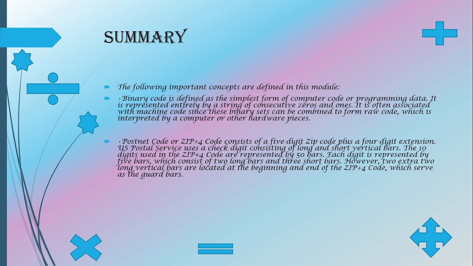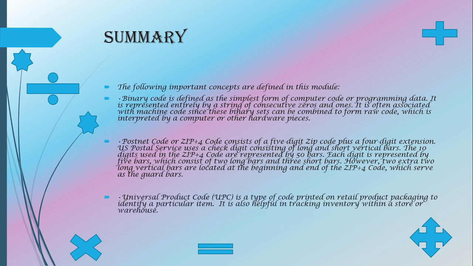Each digit is represented by 5 bars, which consist of 2 long bars and 3 short bars. However, 2 extra long vertical bars are located at the beginning and end of the zip+4 code, which serve as the guard bars.